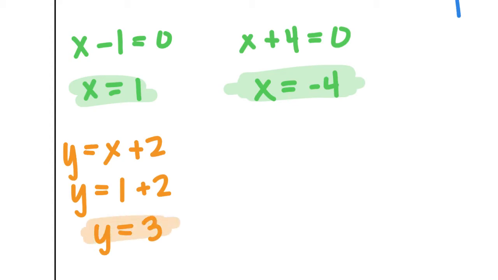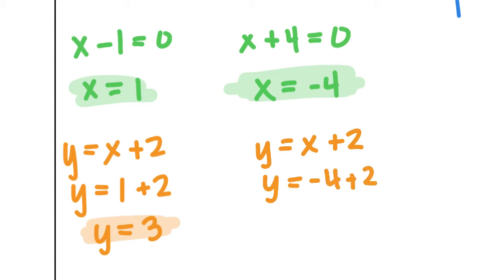Now with the other one, we're replacing that x with a -4. And that gives me -2.